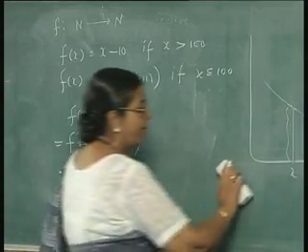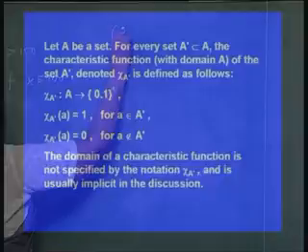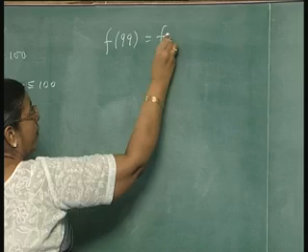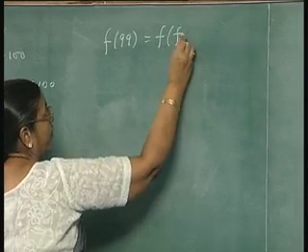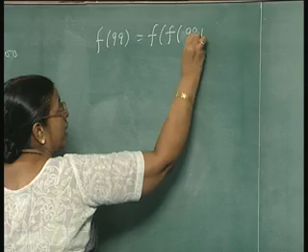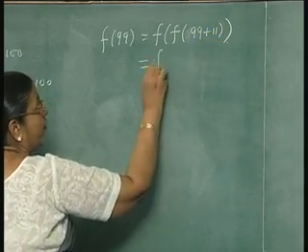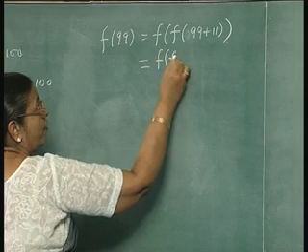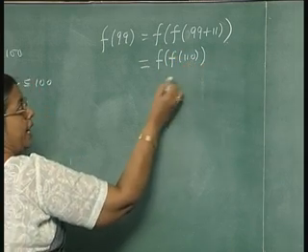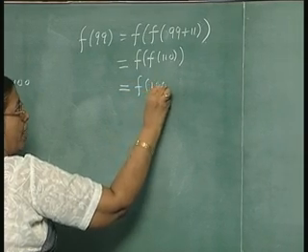But what is f of 99? f of 99 is equal to f of f of 99 plus 11, that will be equal to f of f of 110, but this is greater than 100. So, you subtract 10. So, that will be f of 100.